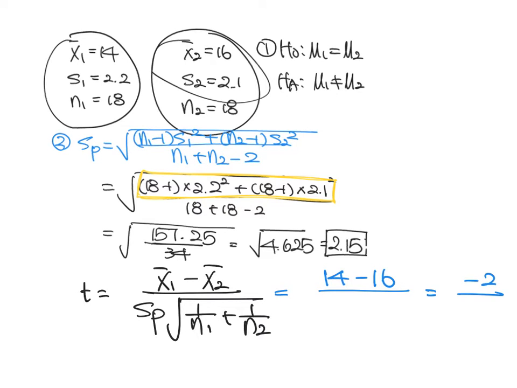And plug in the SP we got, 2.15, times the square root of 1 over 18 plus 1 over 18. Please give me the denominator. It is 0.717.